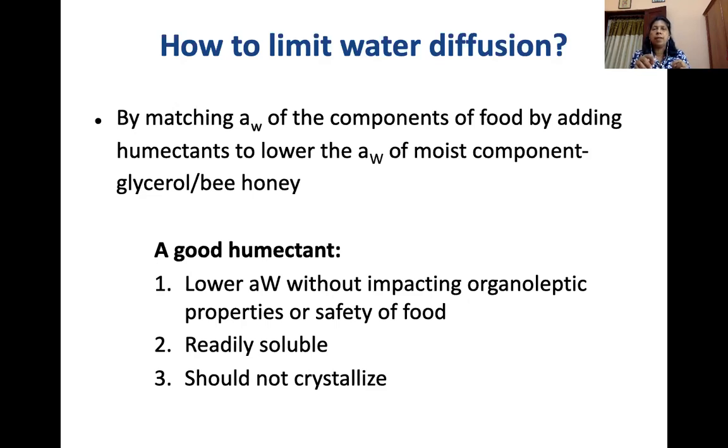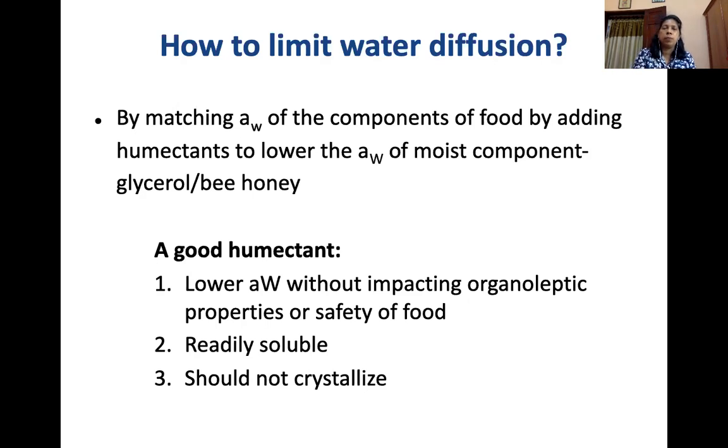So NaCl, sodium chloride, if it is forming a lattice for itself, it's just NaCl molecules. If it is sucrose, then sucrose molecules. But once we add it to the product, if it is still in the same lattice situation, that means it is not binding any water. Therefore, a good humectant should be readily soluble.